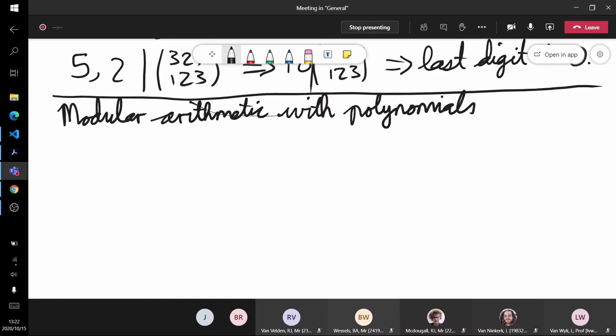And what that means is I'm going to have some polynomials, A of x, B of x, etc., which are going to be polynomials with integer coefficients.